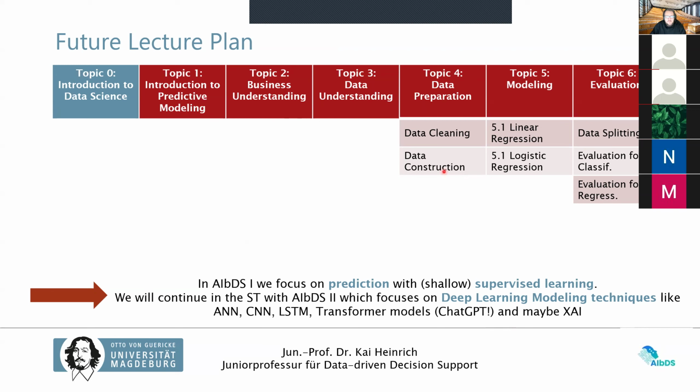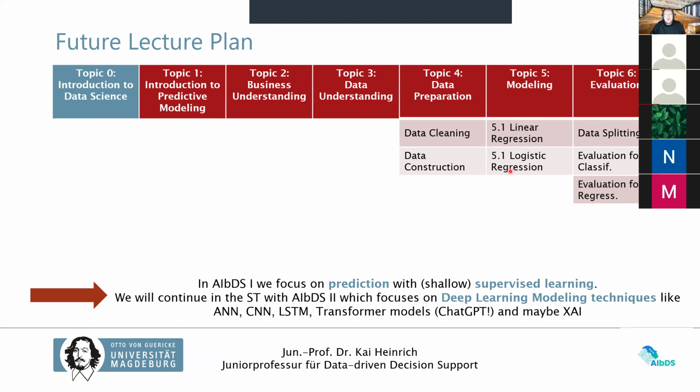All right. An important note is that here we will usually focus on shallow supervised learning, right? So shallow machine learning, shallow supervised learning. After we've learned the concept of machine learning based on the easy models, because we have to start with the easy models. It's actually not different for the deep learning models, but we have more to do there, right? It would overwhelm you if we started with neural networks.